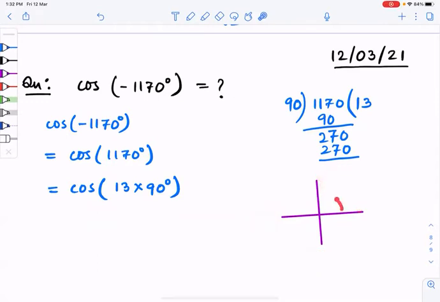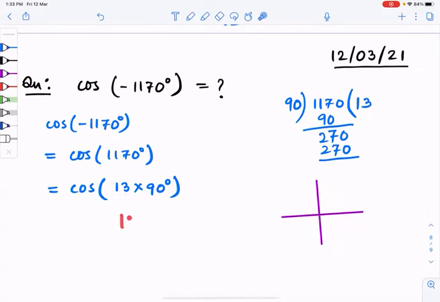So this is 1 into 90, 2 into 90, 3 into 90, 4 into 90, 5 into 90, 6 into 90, 7 into 90, 8 into 90. Like this it will go. I am having 13 into 90. So 1, 2, 3, 4. 4 times 90 means it comes in the same place.